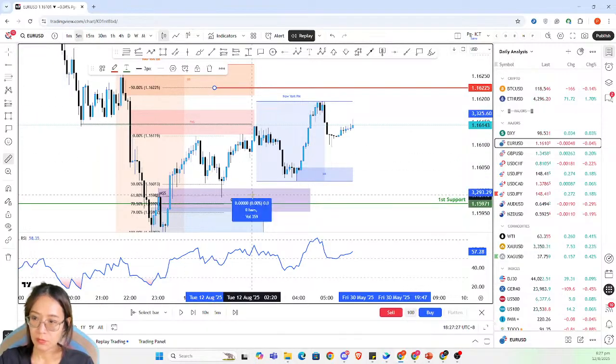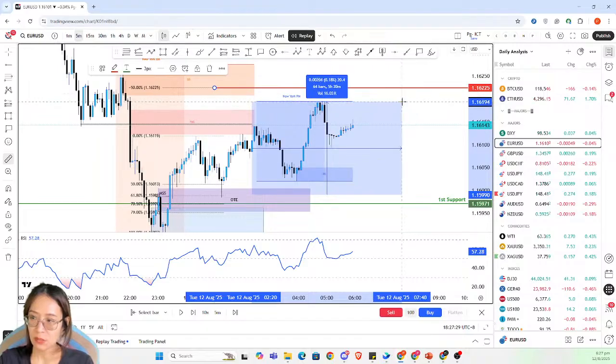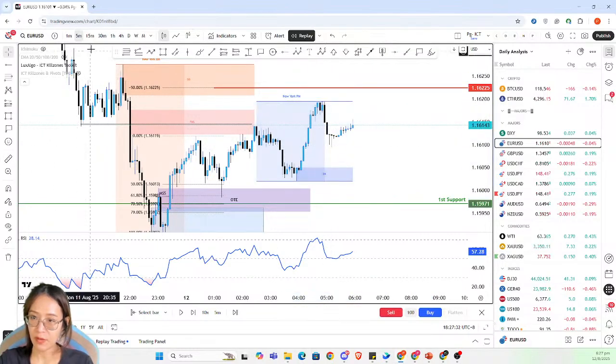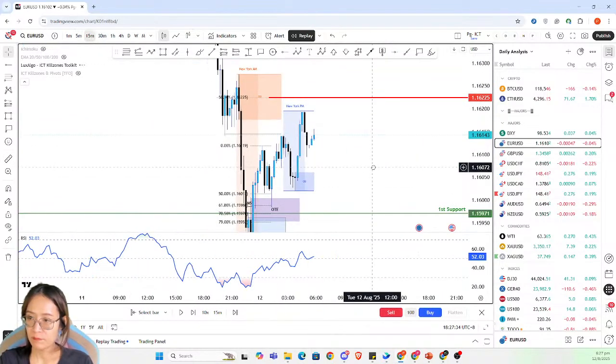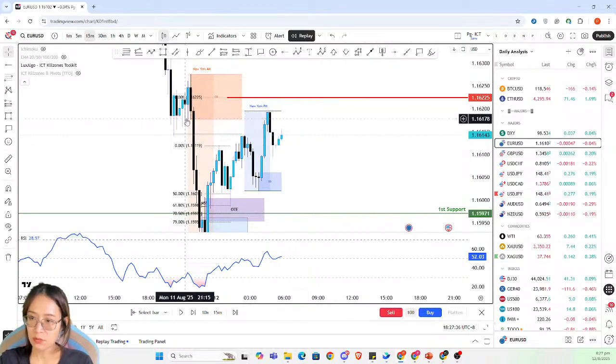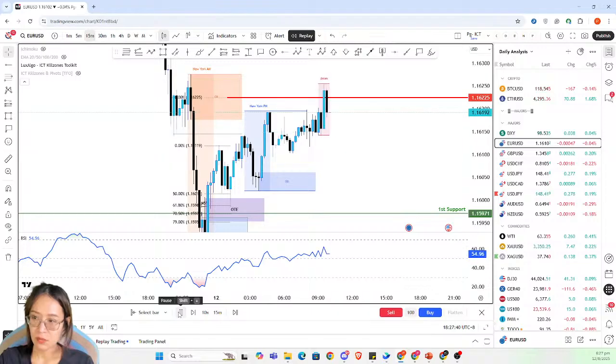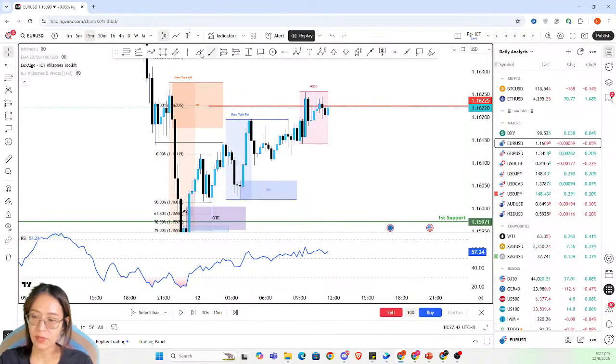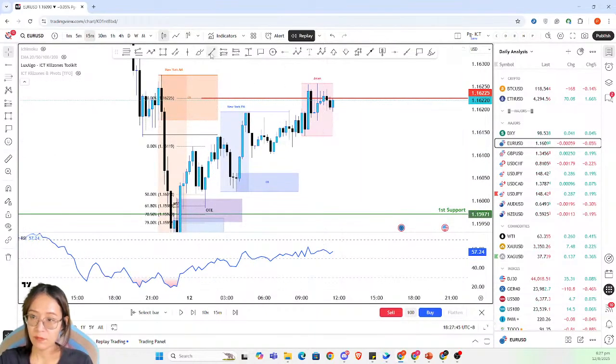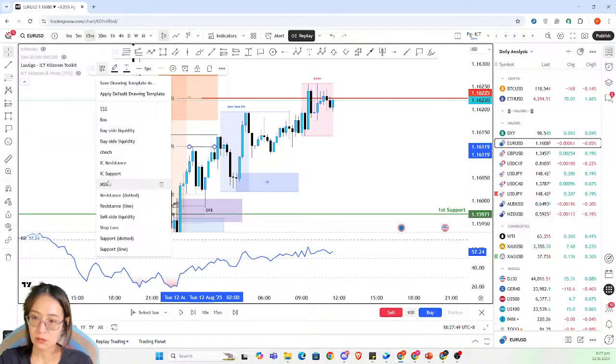Let's say you buy here, price rises here, about 20 pips for M5. Look at the M15. Okay, stop here because there is a resistance level, but let's see. Okay, and eventually it hits your take profit, and in the M15 price makes the break of structure, right?